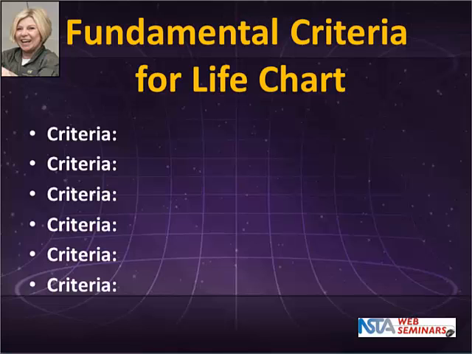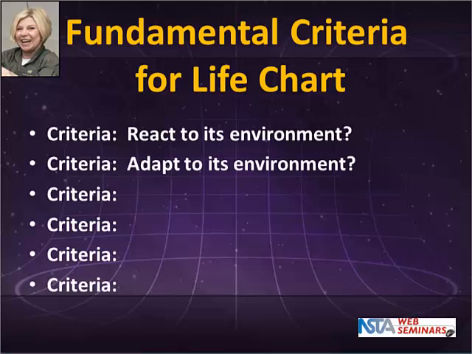Again, you would probably adjust the wording. But a criteria could be, number one, react to its environment. And again, these are in no particular order. Must react to its environment, adapt to its environment, and this is one that you guys kept coming up with, is reproduce. It must replicate, reproduce, make more of its own kind, okay?